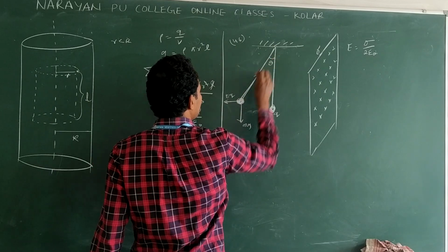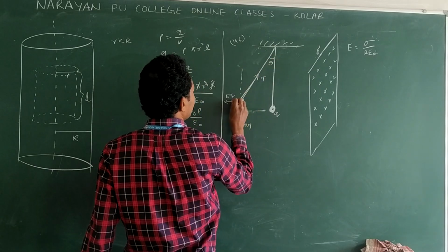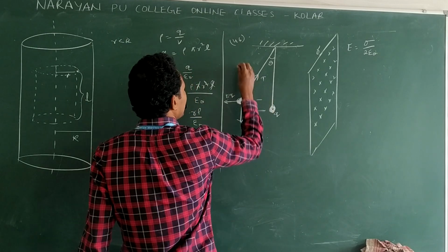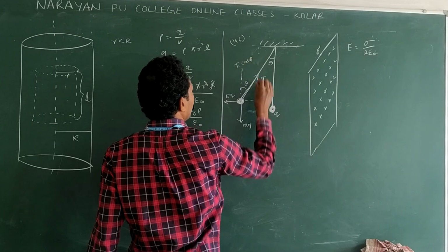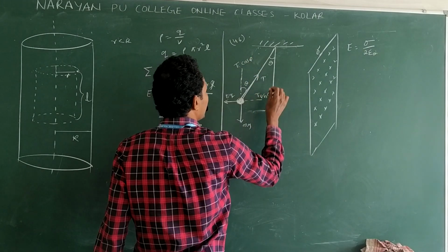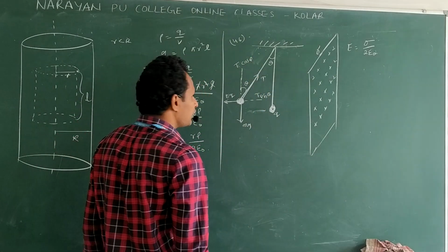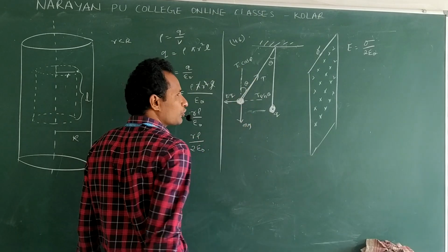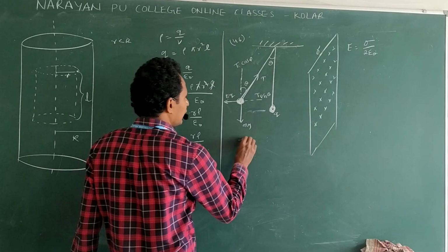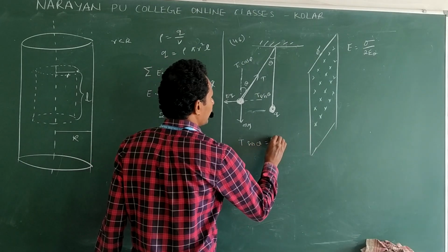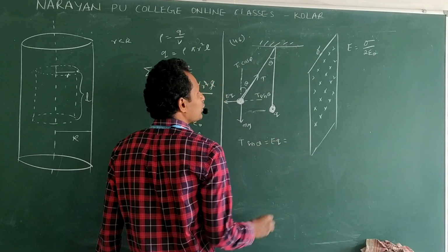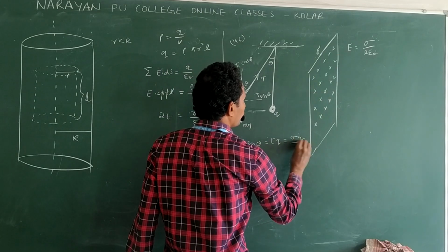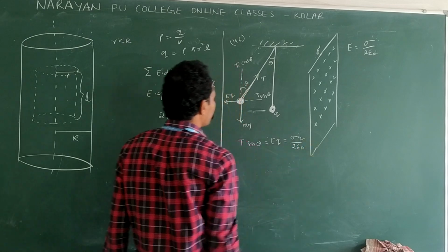If this is angle theta, and you draw an x-axis and y-axis here, this angle also will be theta. Then this is T cos theta and this is T sin theta. This is equilibrium, meaning vertical forces are balanced by each other, horizontal forces are balanced by each other. Then T sin theta is balanced by Eq, but E is what? Sigma by 2 epsilon naught. Then sigma q by 2 epsilon naught.